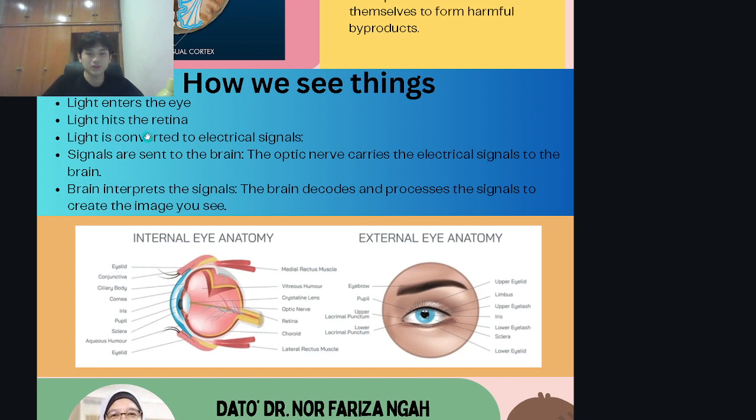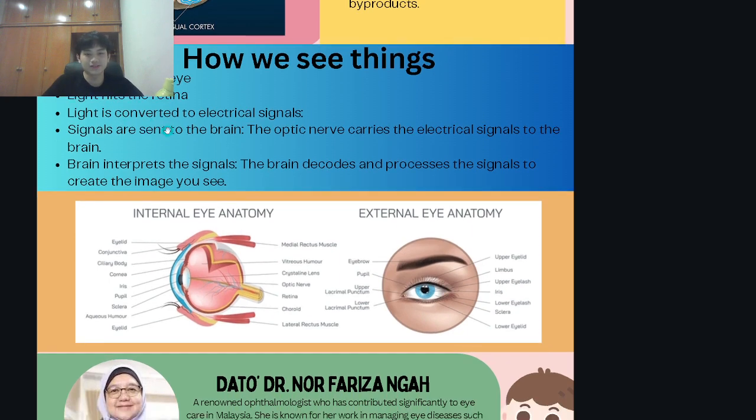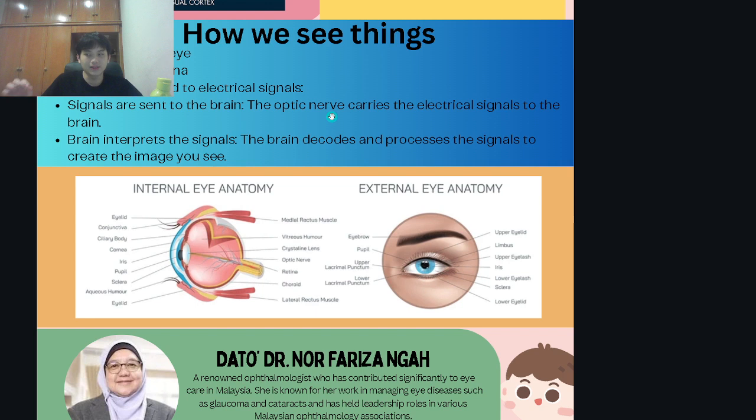When light converges on one spot of your retina, it also transfers the impulse to the optic nerve and sends it to your brain. Once the brain receives the electrical signals, it interprets and decodes them to create the image that you see.